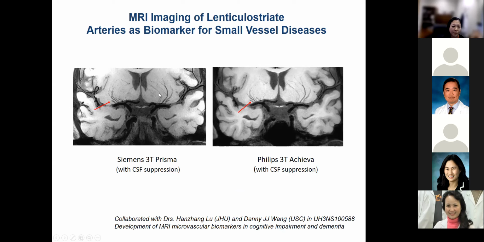The small vessel has a lot of indications related to diabetes, and we are particularly interested in dementia. We all know dementia includes a vascular contribution. So this is another contribution. We want to also look at lenticulostriate imaging, this small vessel, whether there is some plaque or structural change.